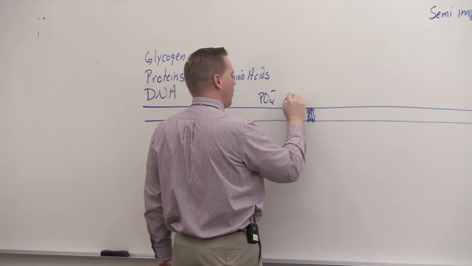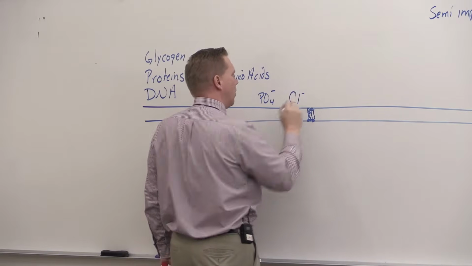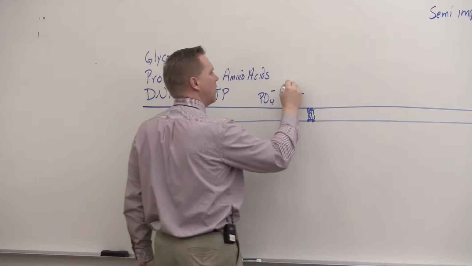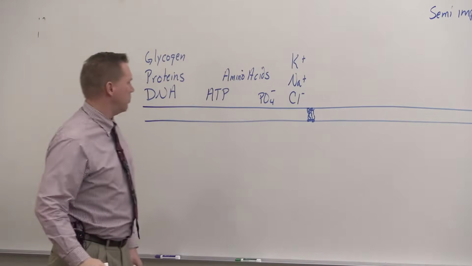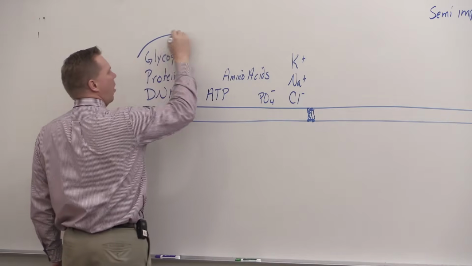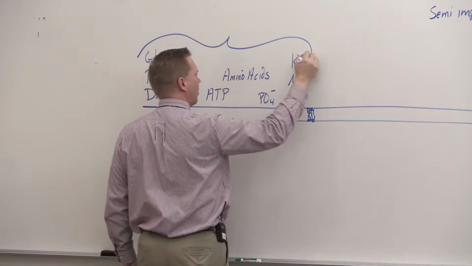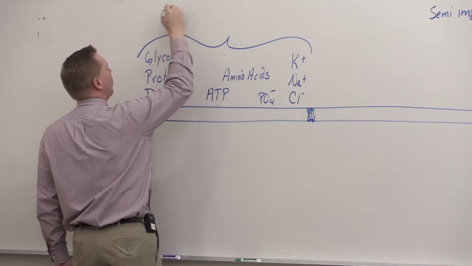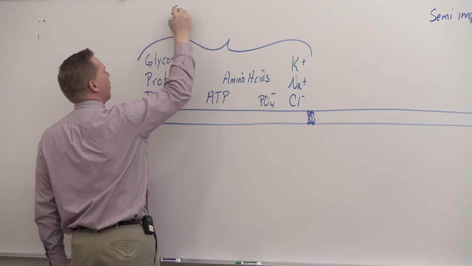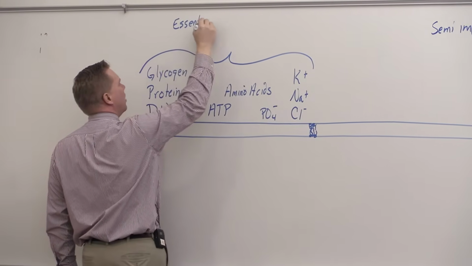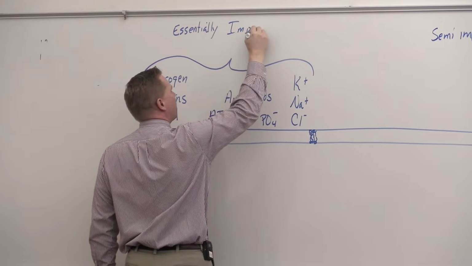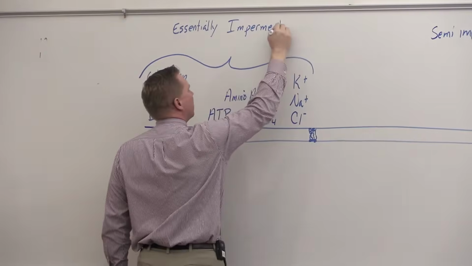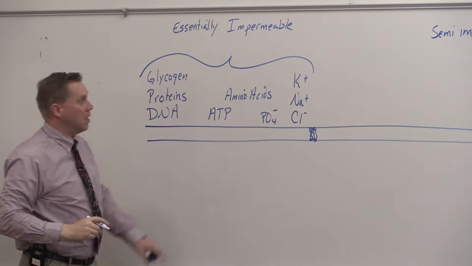And then we might have ions, for example, a chloride ion. We might have sodium ion, potassium ion. And what we find is all of these things are impermeable. We'll call them essentially impermeable to the membrane, meaning they don't go across.